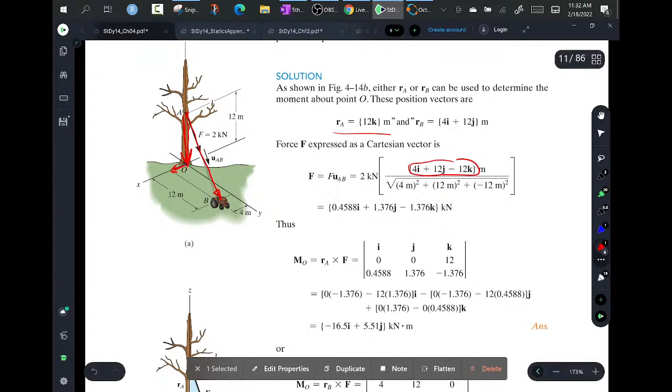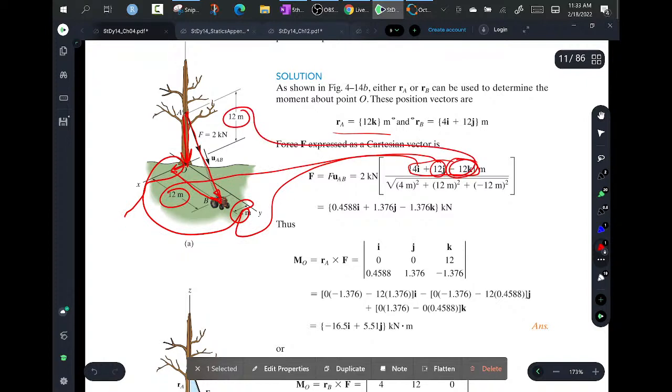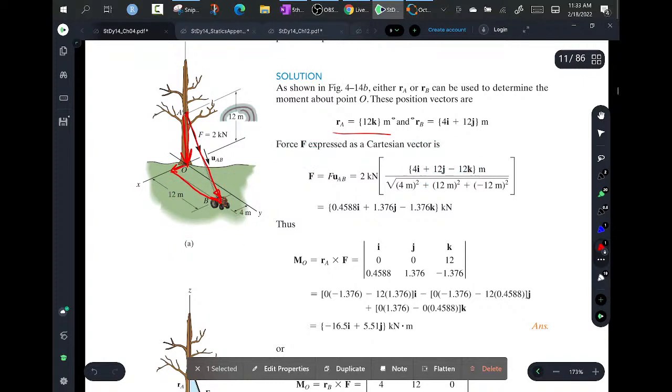Go out this way and this way to get to this tractor. You're going 4 meters in the X, 12 meters in the Y, and down 12 meters in the K, sorry. So he divides it by the length. He actually now has the force vector here.